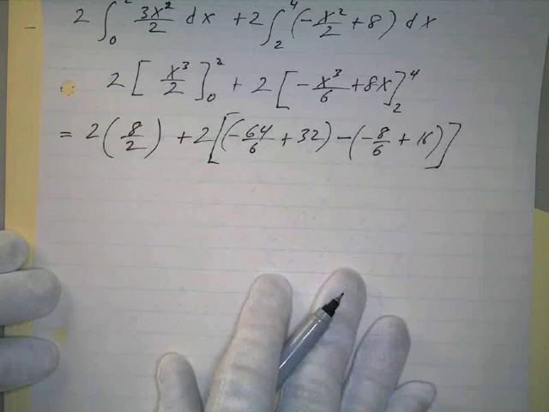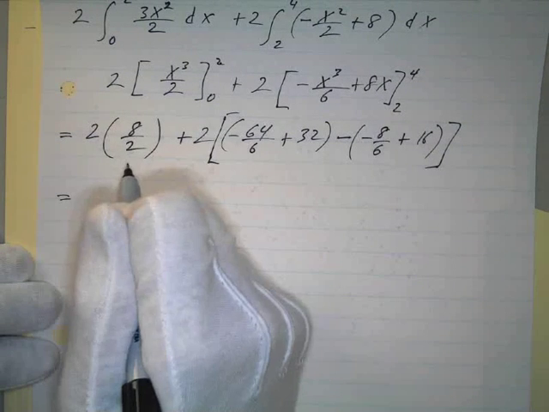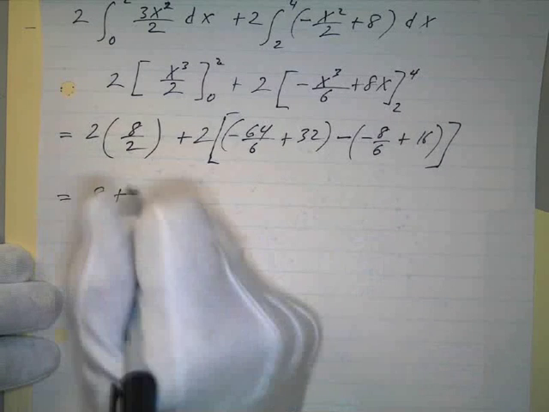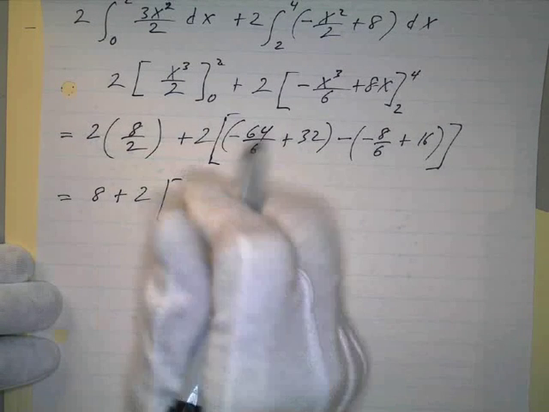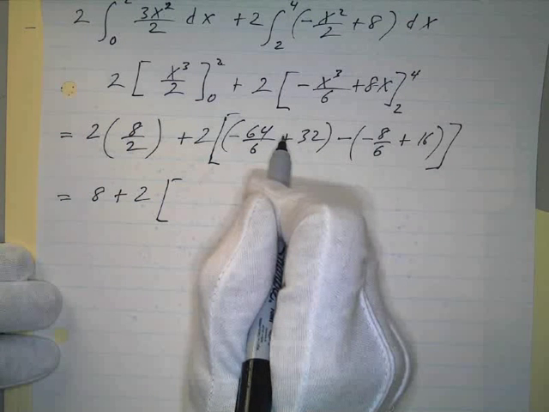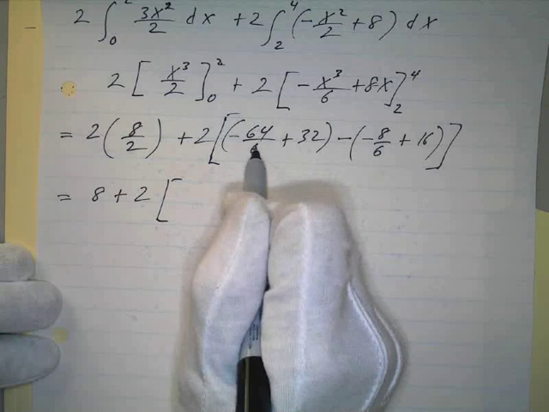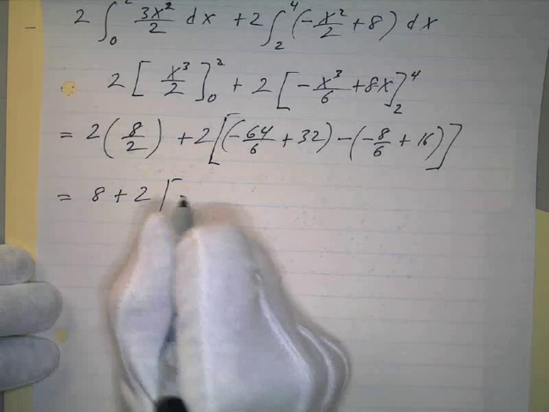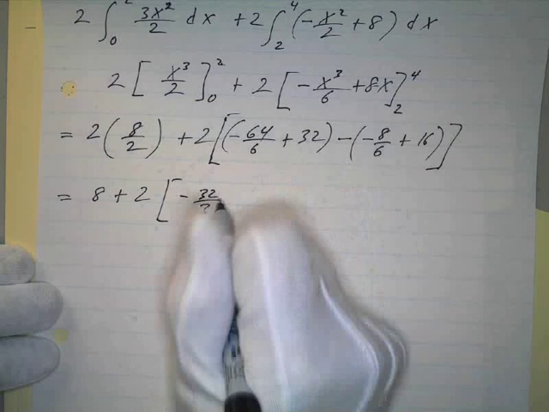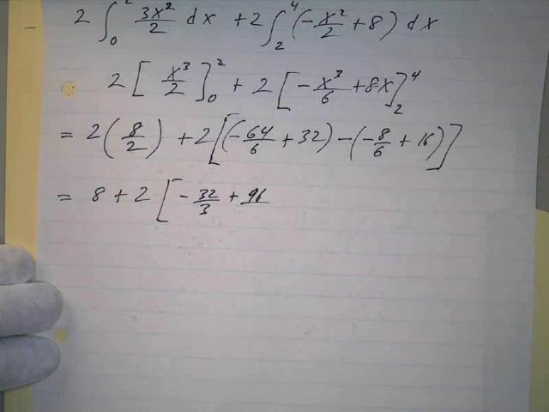So some good old arithmetic here, practice. Okay, 2's cancel, so I just have 8, and then this is going to take a little more work here to simplify this out. So I can reduce this to be 32 over 3, so that'd be negative 32 over 3, and then I can make this plus 96 over 3, so I get a common denominator.